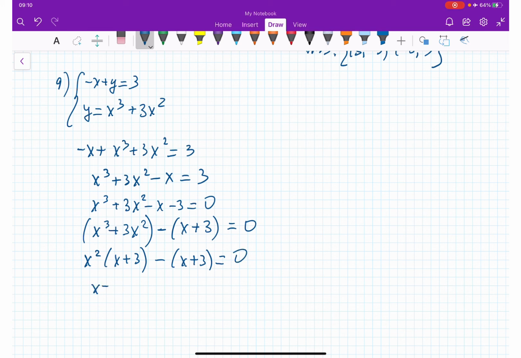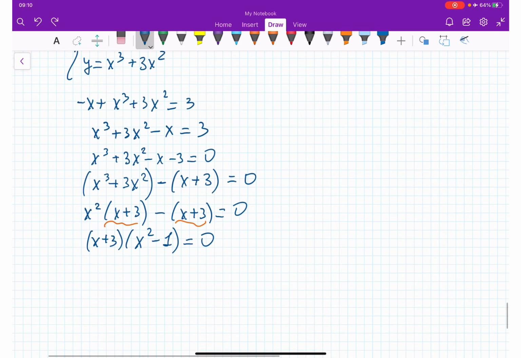And taking x plus 3 out, here will be x squared minus 1 equals 0. Because if I take x plus 3 out, from here will be left x squared, and from here will be left only 1. Yes? So we will have x squared minus 1.